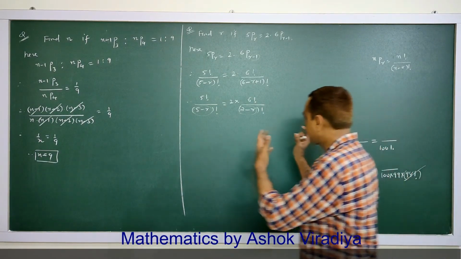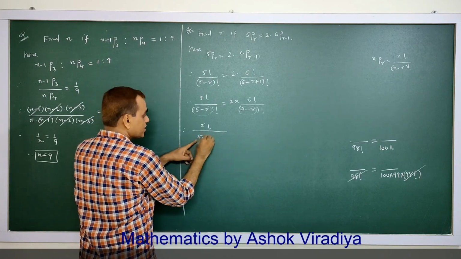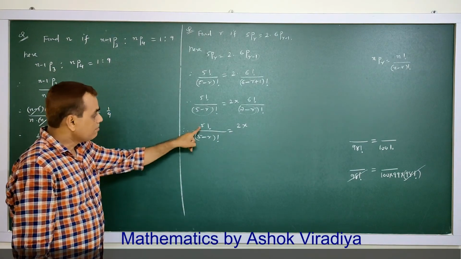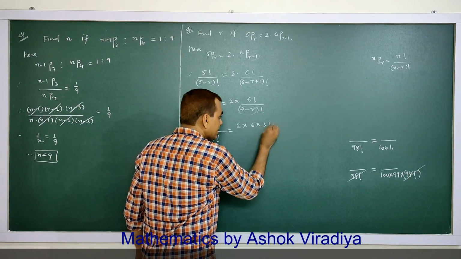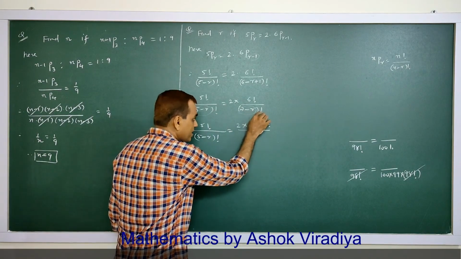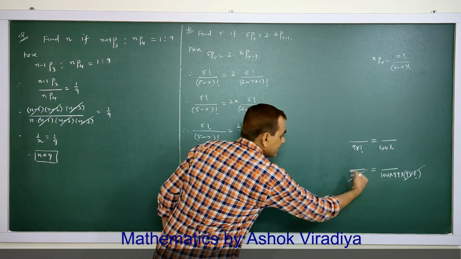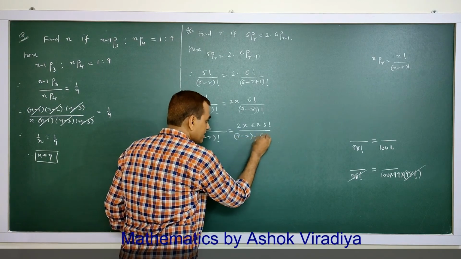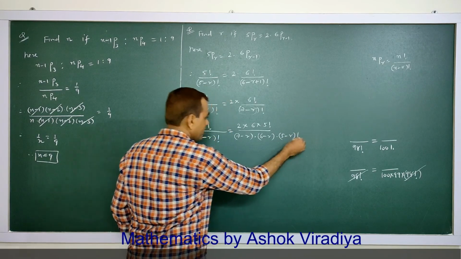So applying this method here, this is 5 factorial upon (5 minus r) factorial, 2 into, because on the left side this is 5 factorial, 6 factorial we express as 6 into 5 factorial, upon (7 minus r) factorial. Thinking this way, (7 minus r) factorial is (7 minus r) into (6 minus r) into (5 minus r) factorial.